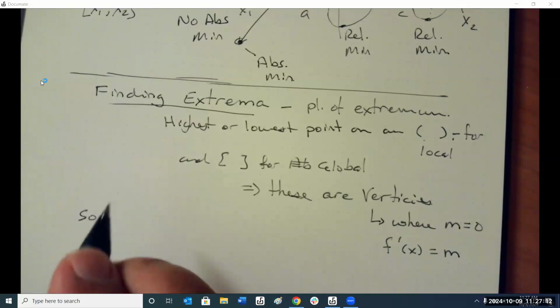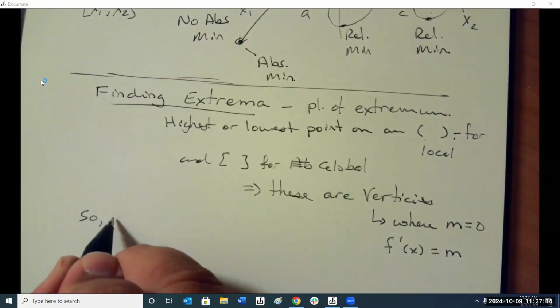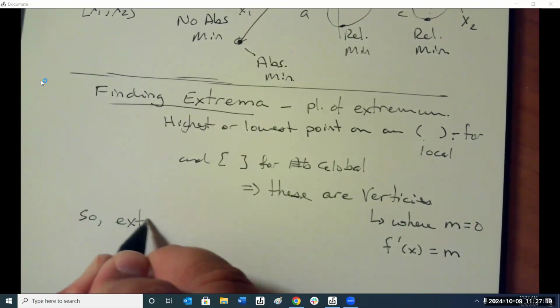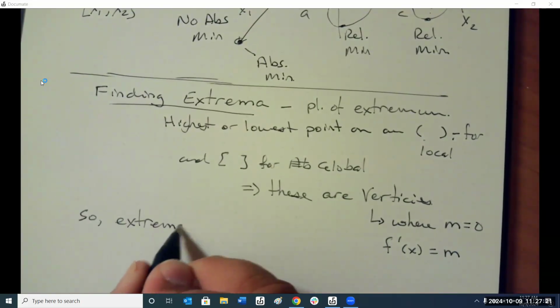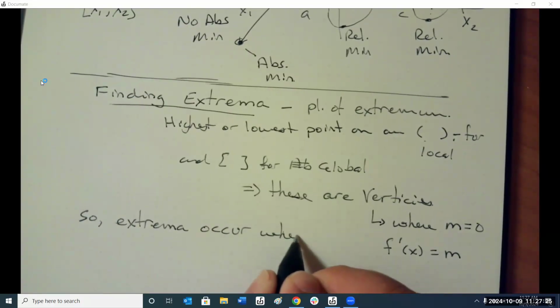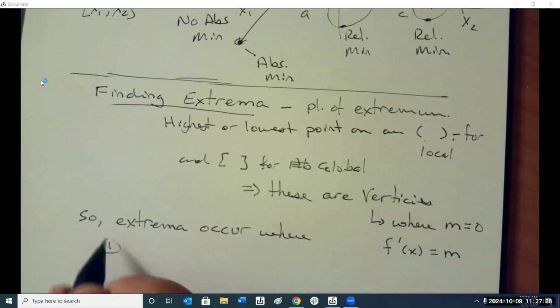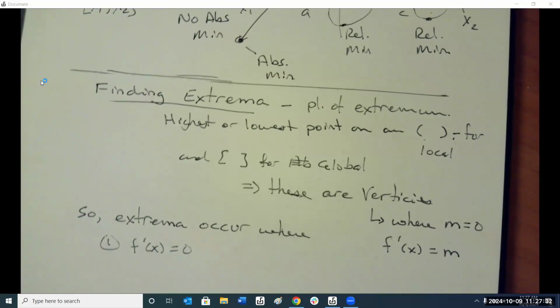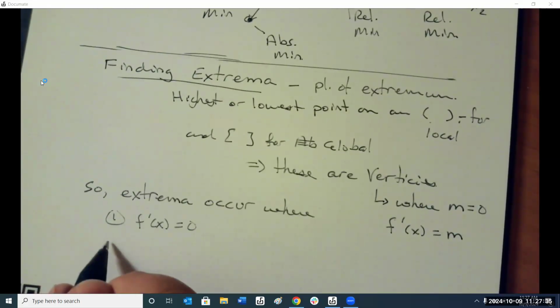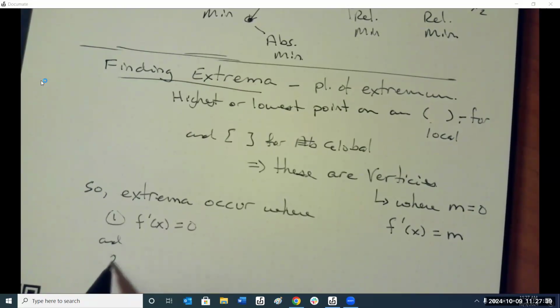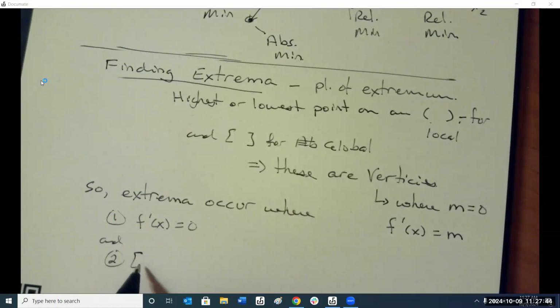So extrema occur where 1, the first derivative is 0, and 2, the endpoints.